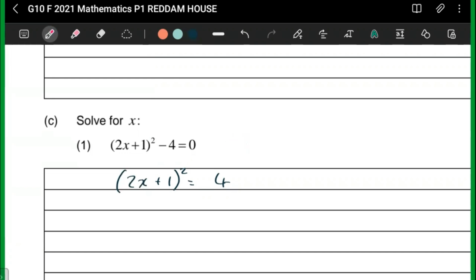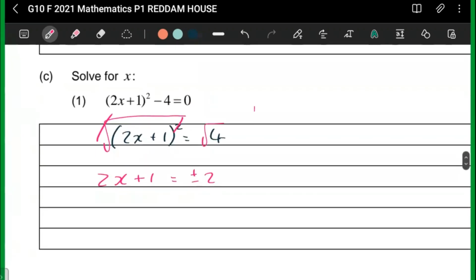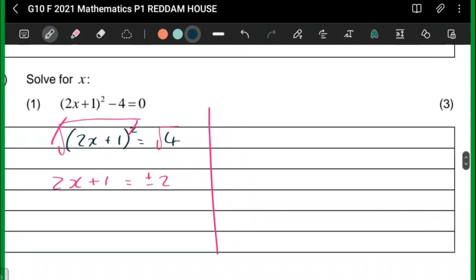We cannot get rid of the square at this step by square rooting the whole thing, it won't work. But here we can square root this and we can square root this. You just have to be careful when you do this, because the moment you do this, you have to put a plus or a minus for your answer so that you can end up with 2 different answers for x. You firstly work with where you're dealing with a plus 2, and then you work with where you're dealing with a minus 2.